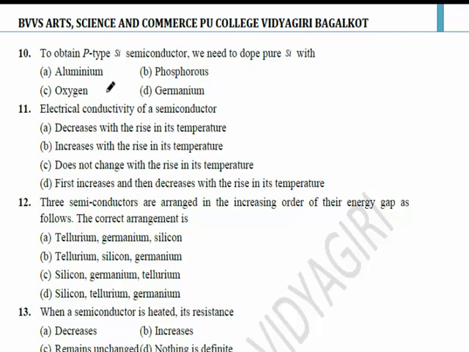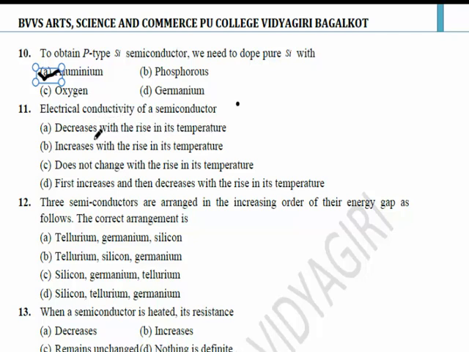Which of the four options, aluminum, phosphorus, oxygen, or germanium, is trivalent? The best option is aluminum. Aluminum is a trivalent impurity, so silicon should be doped with aluminum.